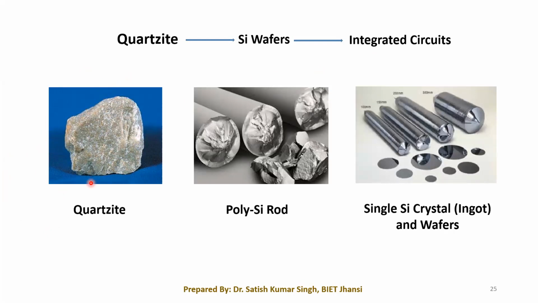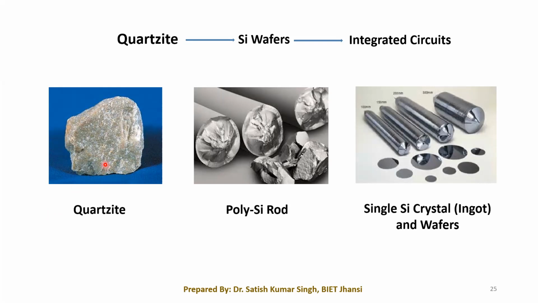From this quartzite, first of all, this is a raw form, and it is a highly impure form of silicon. It not only contains silicon, but it must have a large number of impurities within it.